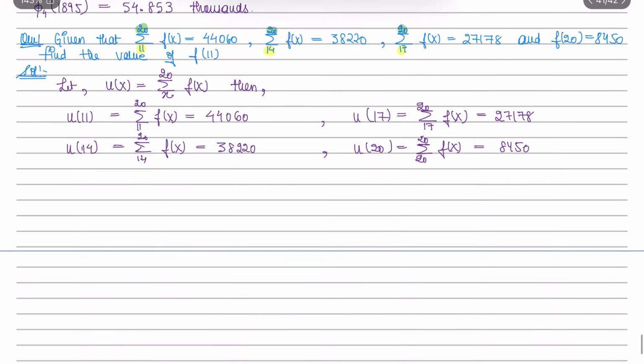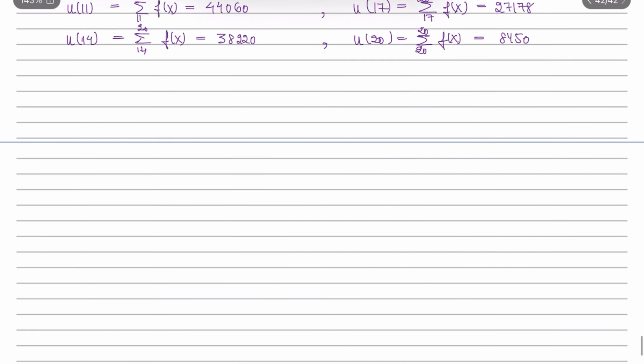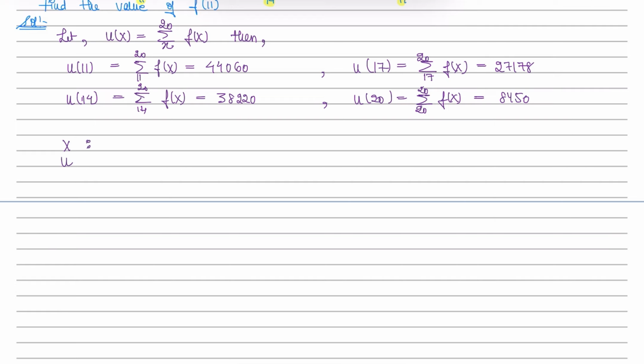Converting this into the form of a table, it can be written as x and u, where the value of x is 11, 14, 17, and in the last 20, and the corresponding u values are 44060, 38220, 27178, 8450.